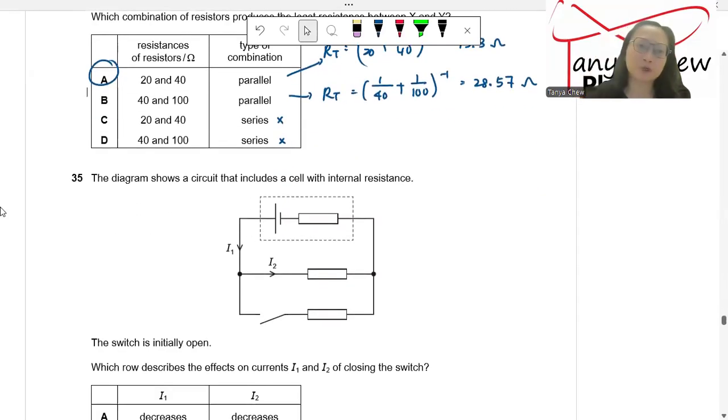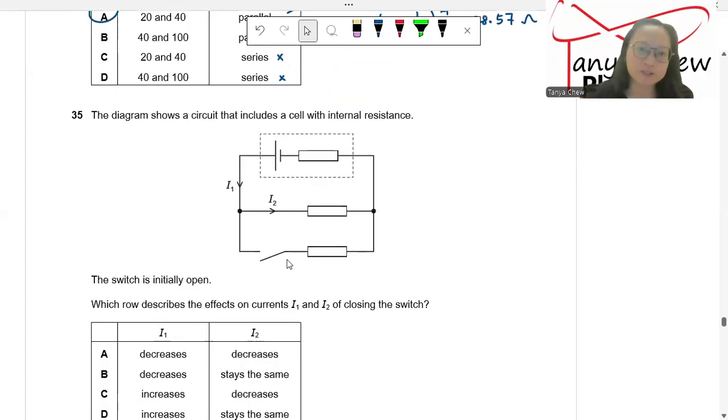Question 35. The diagram shows a circuit that includes a cell with internal resistance. The switch is initially open. Which row describes the effect on currents I1 and I2? Closing the switch, right? Closing the switch, current from I1. This is when the switch is open.